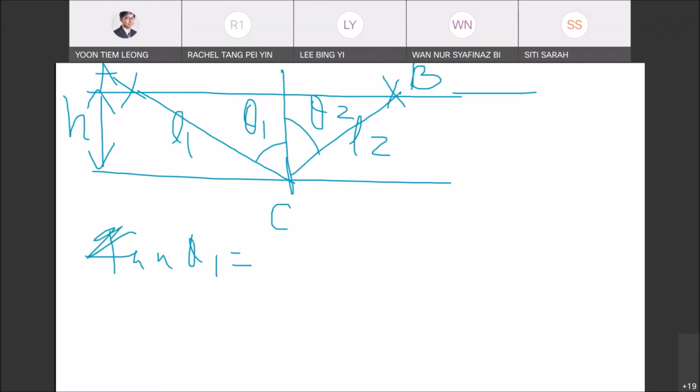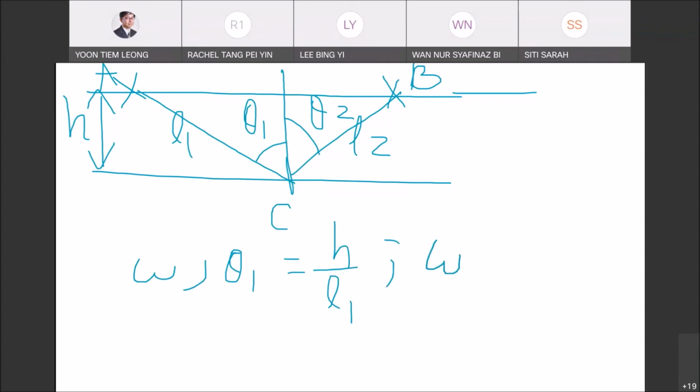So again, I have relationships that relate cos to L and H. That is, cos theta 1 equals H over L1, and cos theta 2 equals H over L2.